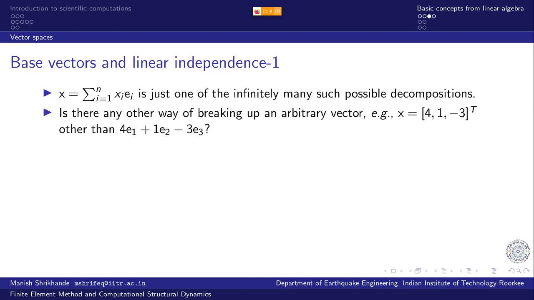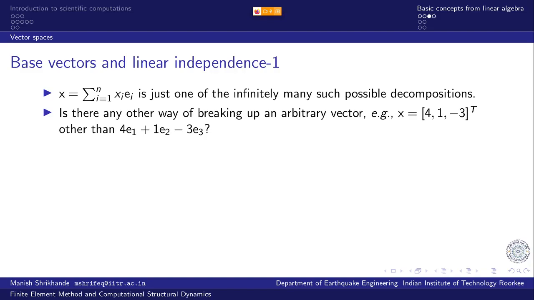So just to drive home this point, is there any other way of breaking up an arbitrary vector? Let's go back to three-dimensional vector space, to make it easy for you to relate to what you understand so well.